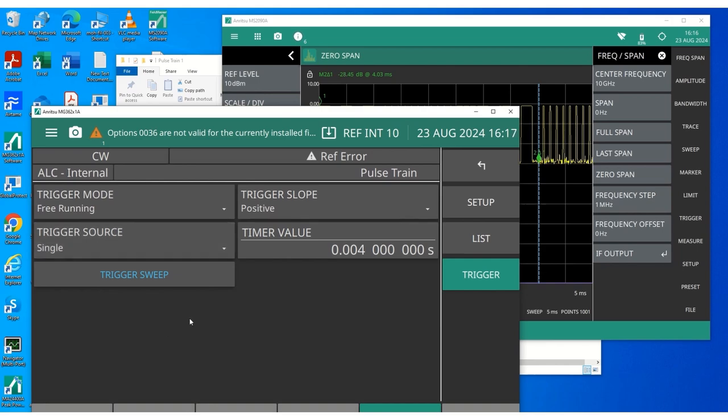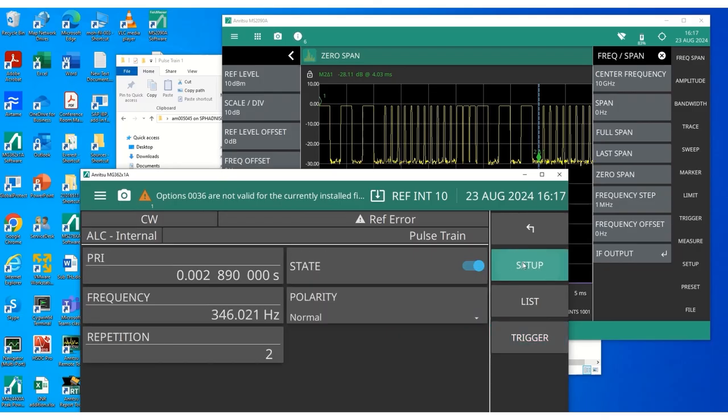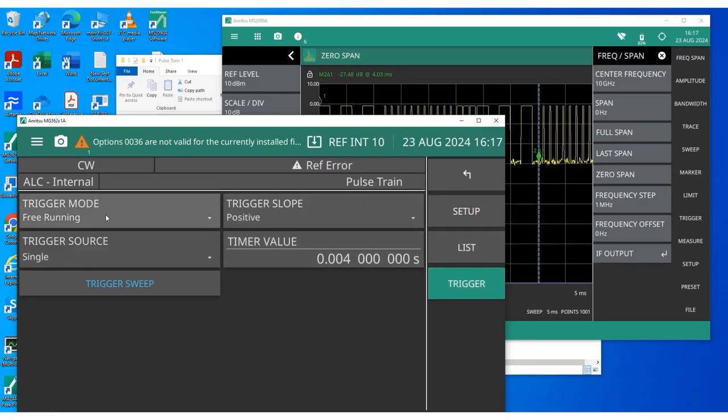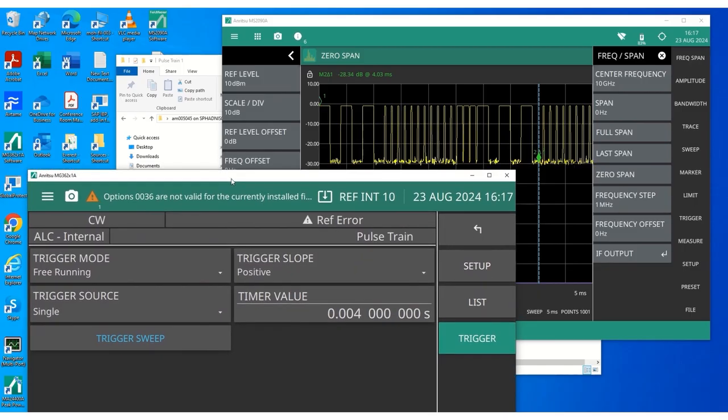So internally it is going to trigger this pulse pattern again and again. So this is our first trigger mechanism, which is free running, and with this mechanism you can generate cyclical, periodic pulse patterns.